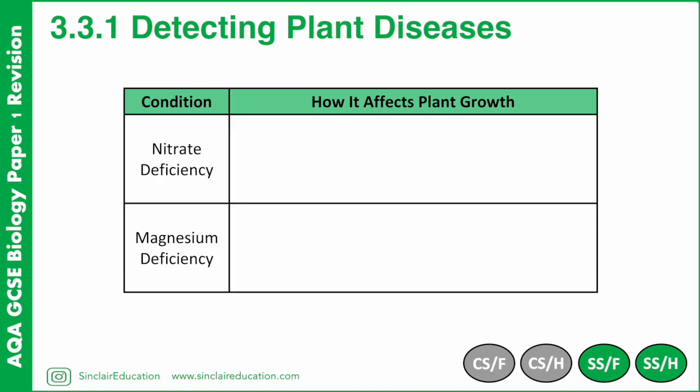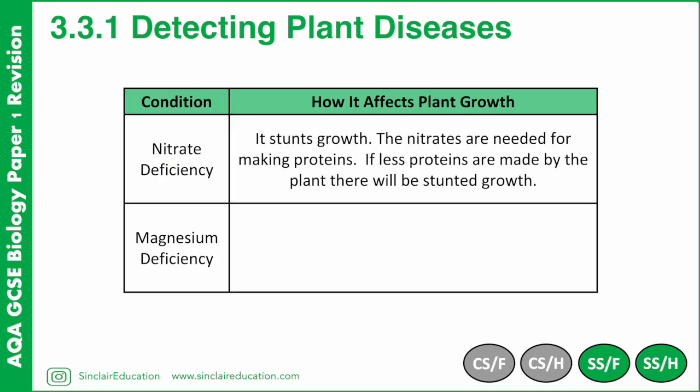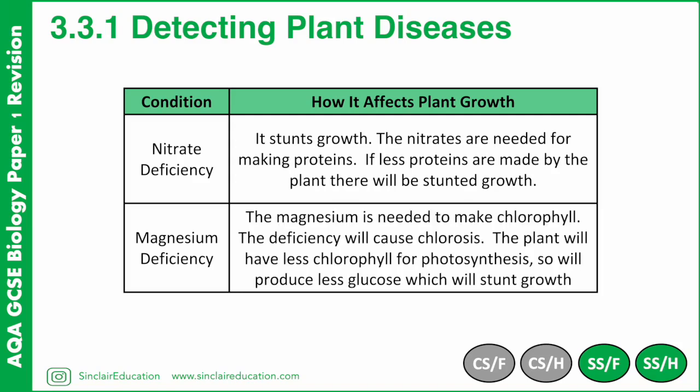There are a couple of deficiency diseases to be aware of too. Nitrate deficiencies stunt growth because nitrates are needed to make proteins. If we've got fewer nitrates, we can't make amino acids, we can't make proteins, and there will be stunted growth. Magnesium is needed to make chlorophyll, and if we get a deficiency, it's known as chlorosis.